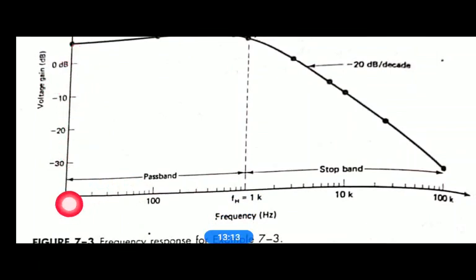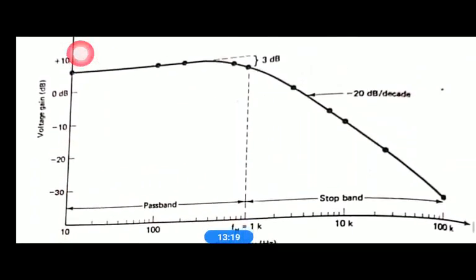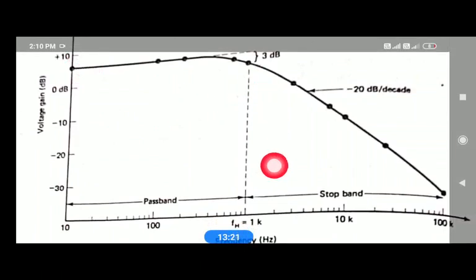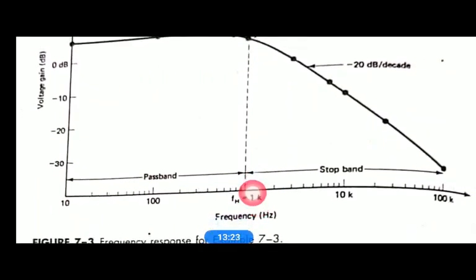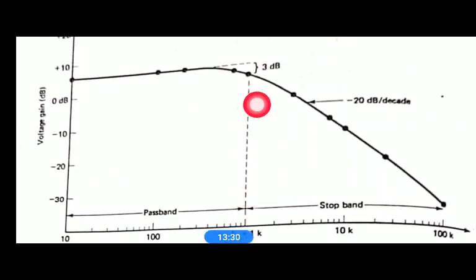The value of gain in dB for 10 hertz is approximately 6. What is the value for the frequency fH equal to 1 kilohertz? It is approximately 3 dB.